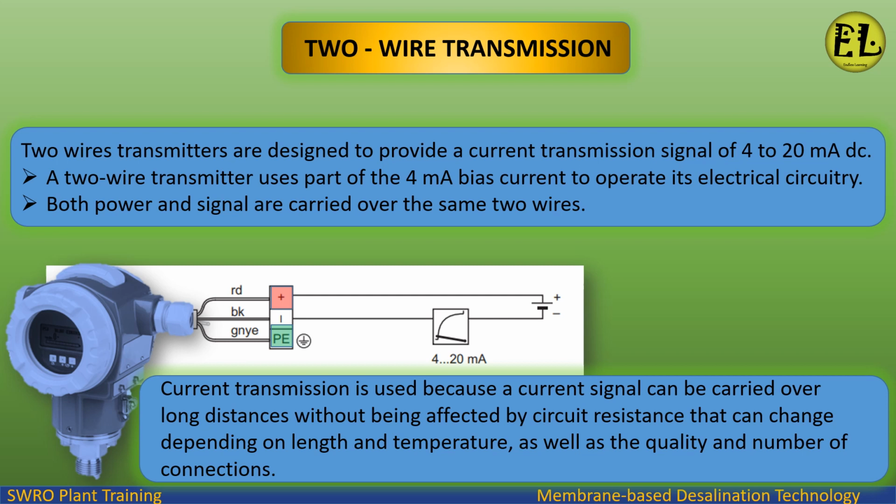Both power and signal are carried over the same 2 wires. Current transmission is used because a current signal can be carried over long distances without being affected by circuit resistance that can change depending on length and temperature, as well as the quality and number of connections.